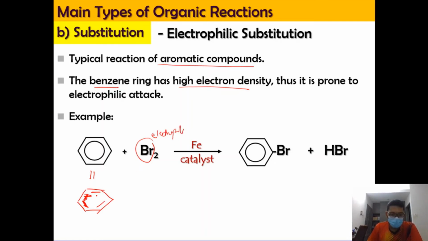So the carbon-carbon double bond here will have a very high electron density and it will attack the electrophile. Okay, so when it attacks the electrophile, it's going to be an electrophilic substitution, and the H here is going to be replaced by the bromine.